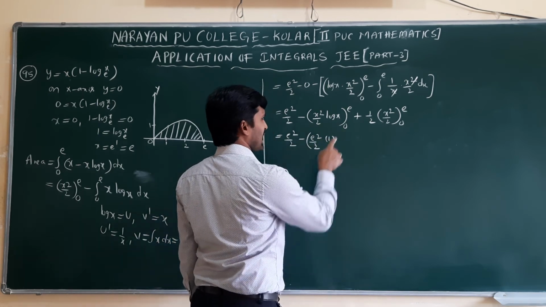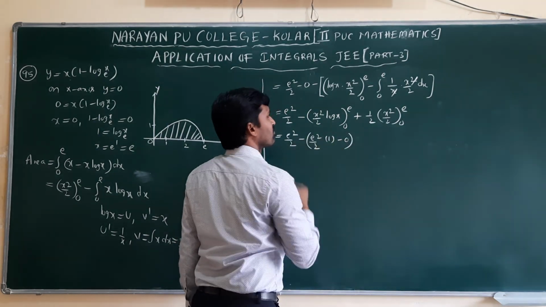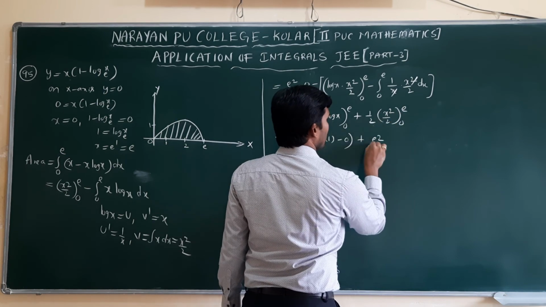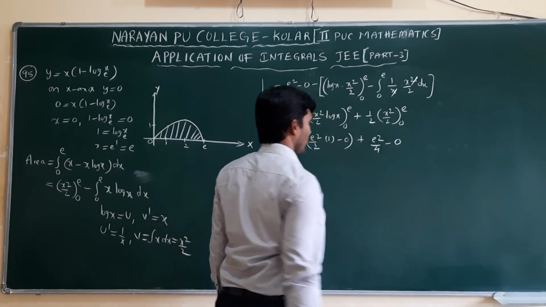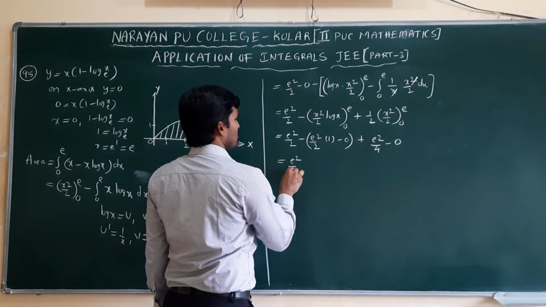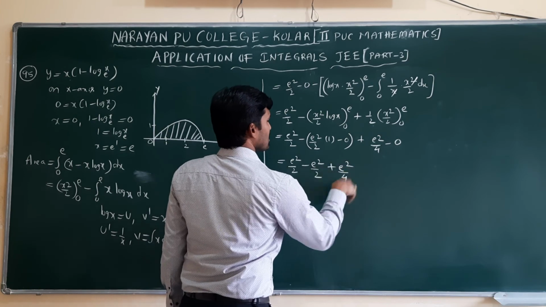For lower limit, x is tending to 0, and 0 into any value you will get 0. Plus 1 by 2, in total e square by 4 minus lower limit, means 0 by anything, 0 you will get. Here e square by 2 minus e square by 2 plus e square by 4.